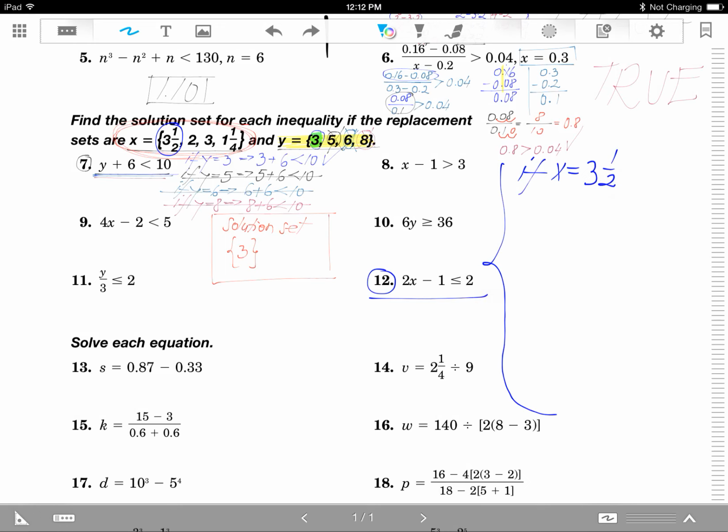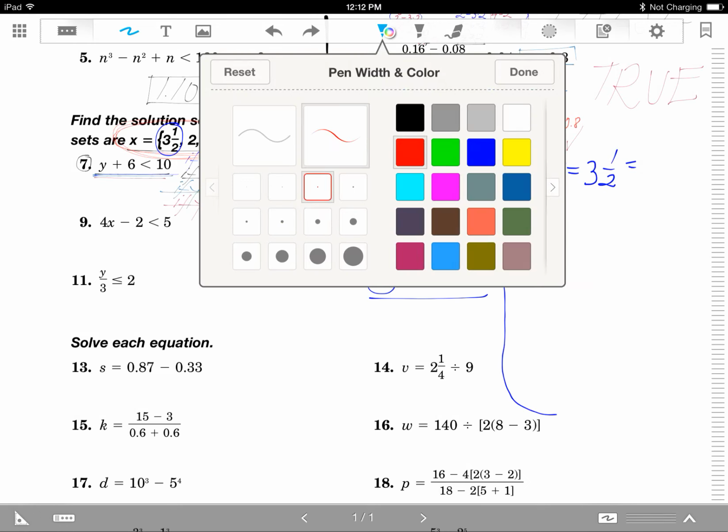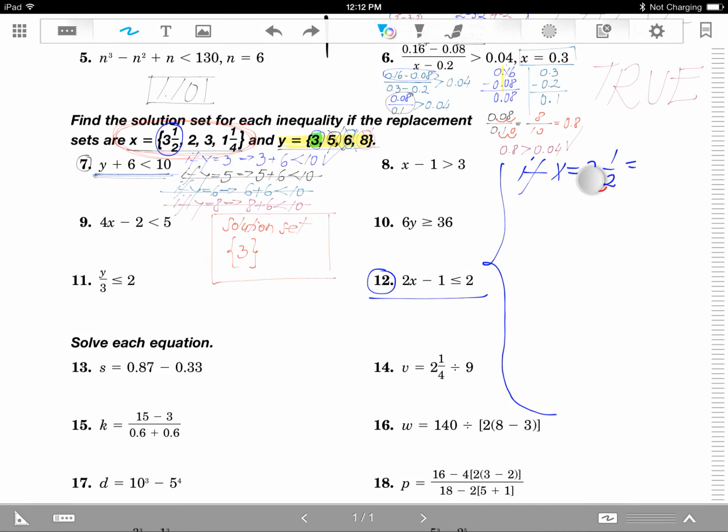what's going to happen to my value? Well, first of all, let's change that 3.5 into an improper fraction. How do you do that? Do you guys remember? You multiply the denominator by the whole number, and then you add the top. Your denominator will stay the same, 2. Your top will be what? 2 times 3 plus 1, and that will be 7.